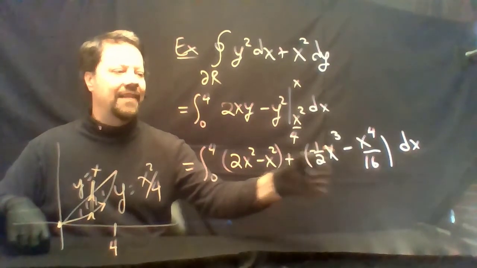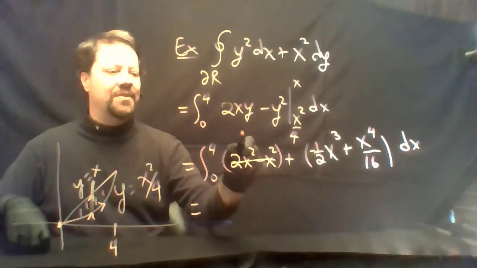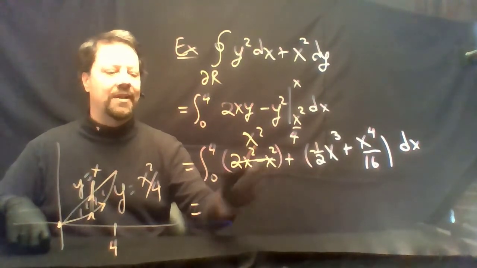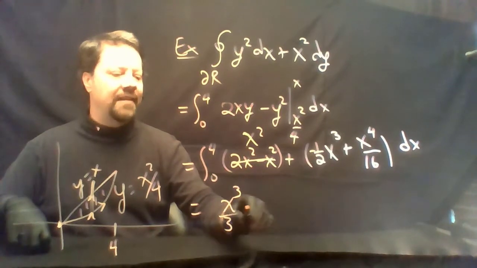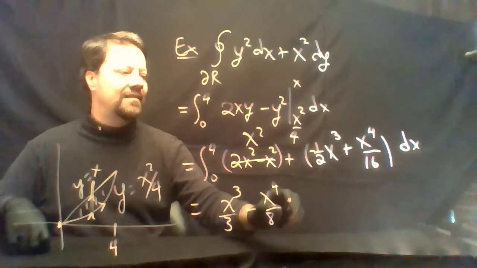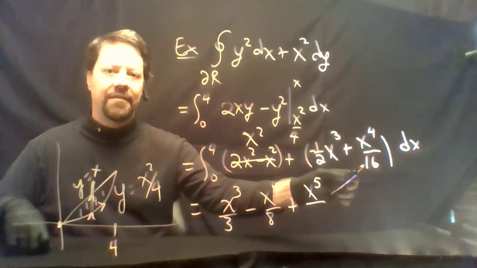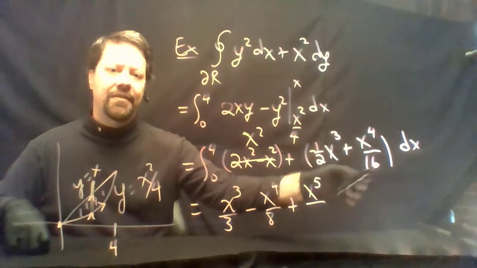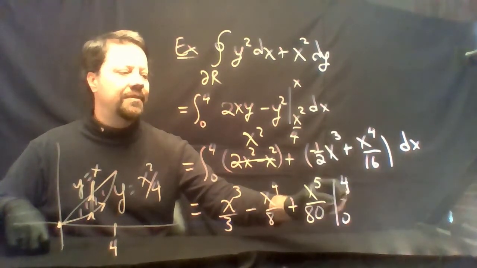We can distribute the negative here. Combining like terms, we'll have 1x squared here. Integrating, we have x cubed over 3 minus x to the 4th over 8 plus x to the 5th over 5 times 16, that's 50 and 30, that gives you 80, evaluated from 0 to 4.